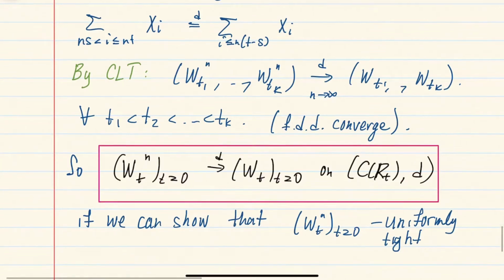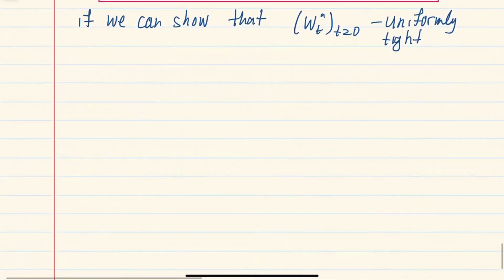And so to prove Donsker's theorem, in the rest of this video we are going to check the above condition that guarantees uniform tightness of this sequence.